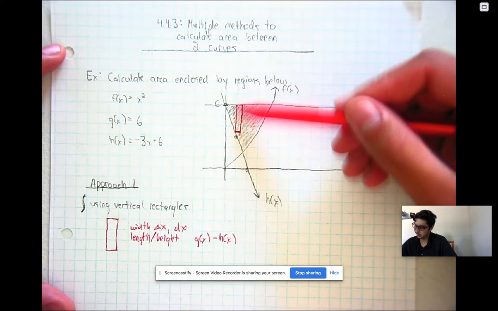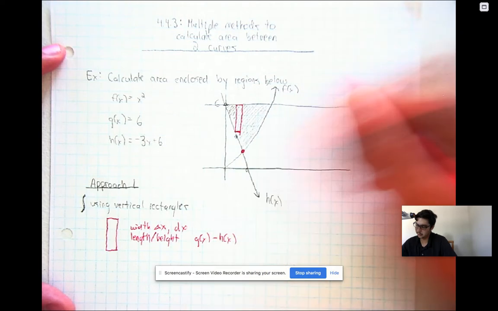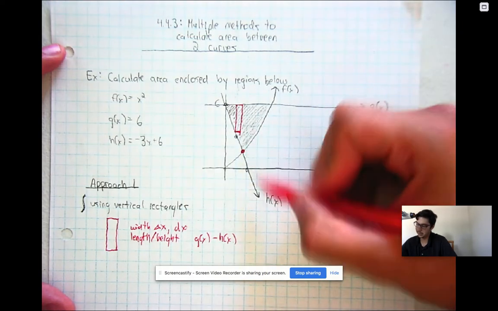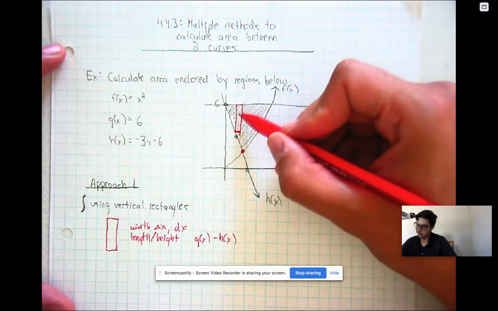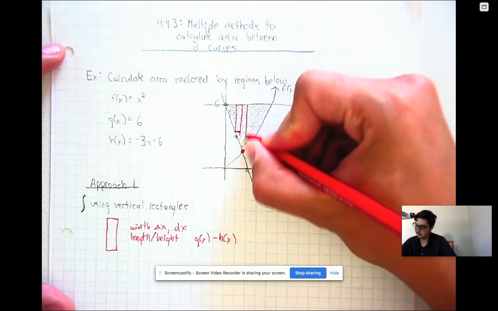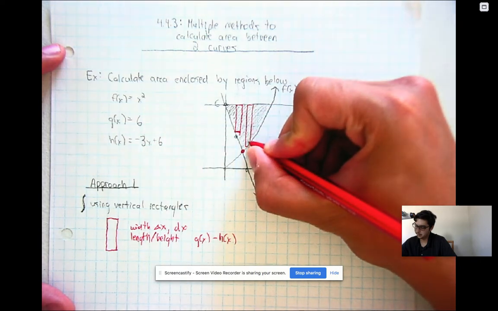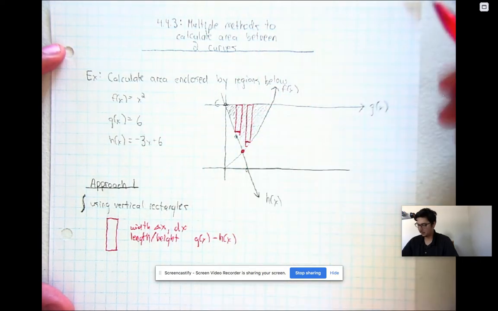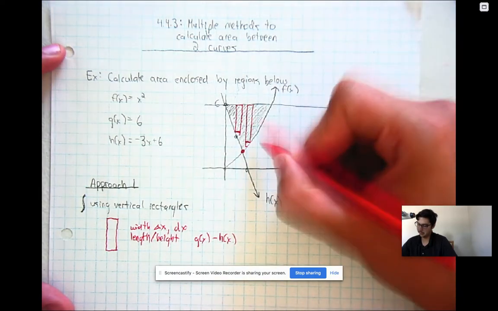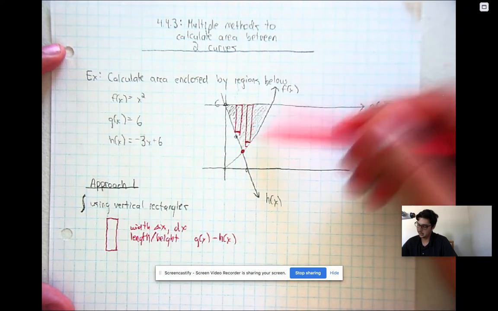These rectangles will be fine until we get to this intersection point here between h of x and f of x. Then we look at a rectangle on this side that I'm going to try to draw. That rectangle now is going to have a height of g of x minus f of x.